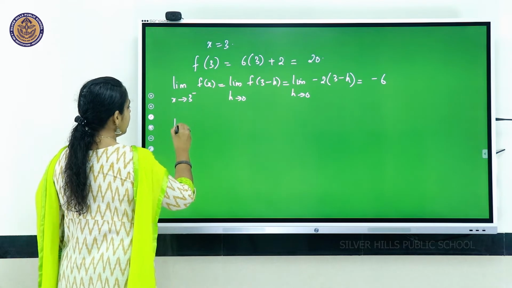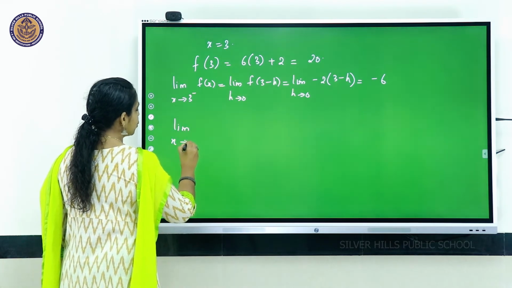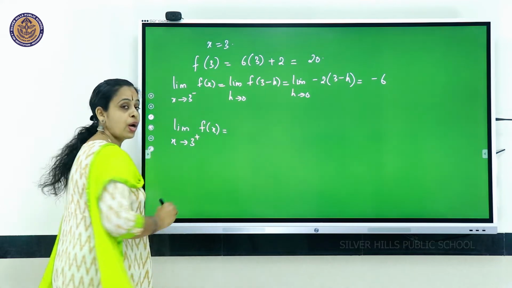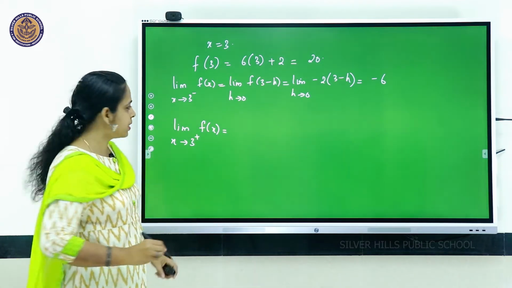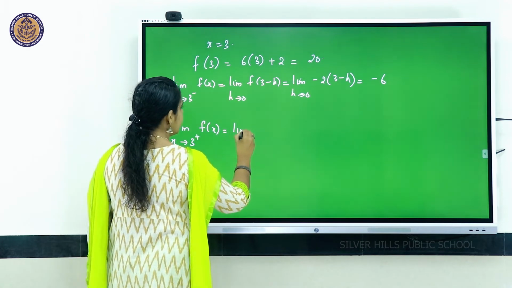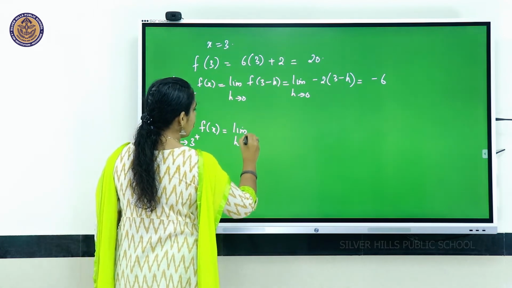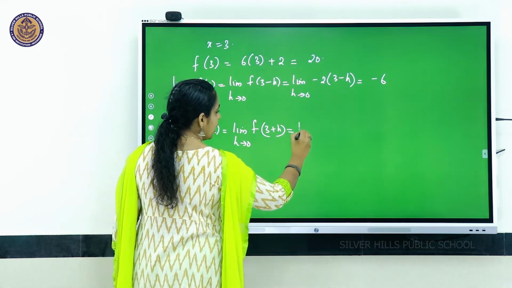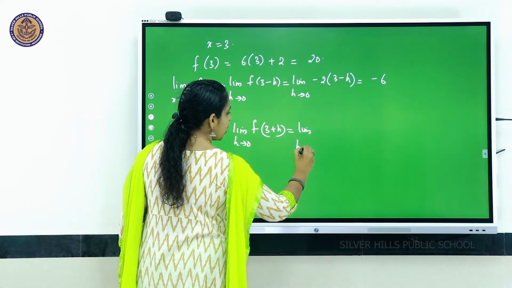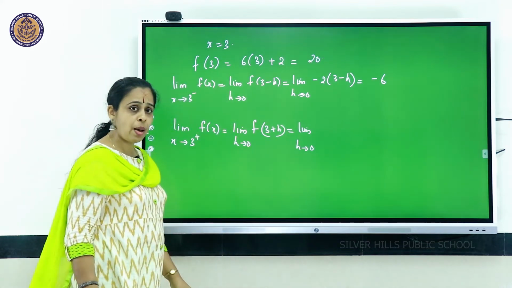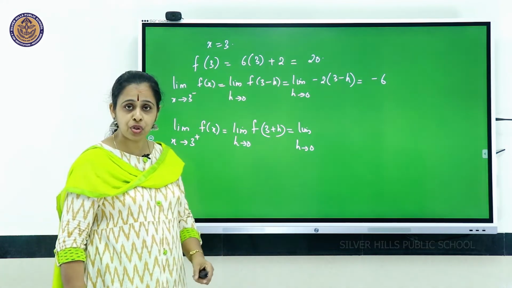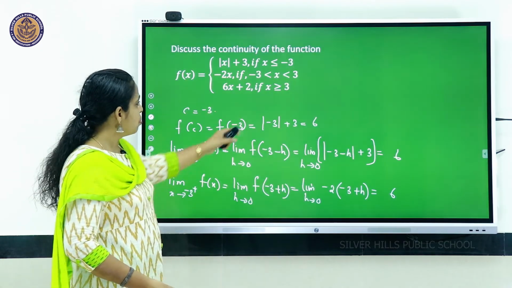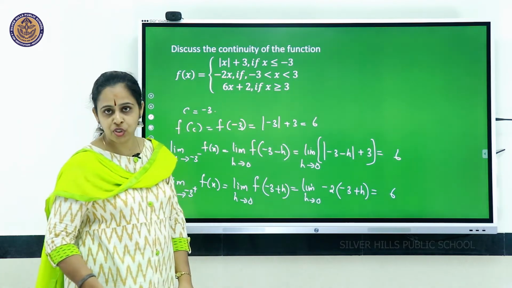Next, limit x tending to 3 plus f of x. We are going to take the right hand limit. Limit h tending to 0, f of 3 plus h. When h is tending to 0, 3 plus h is more than 3, so it is 6x plus 2.